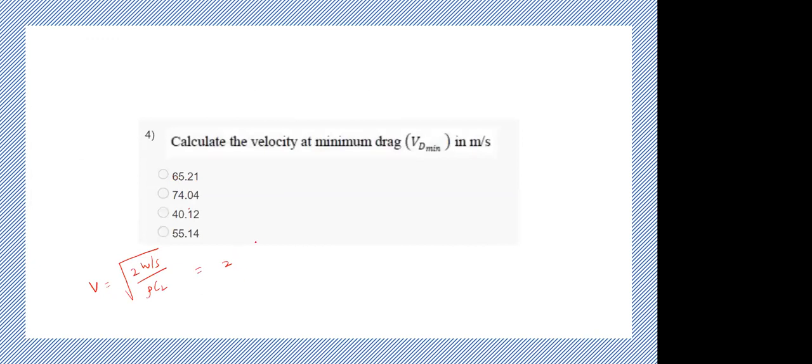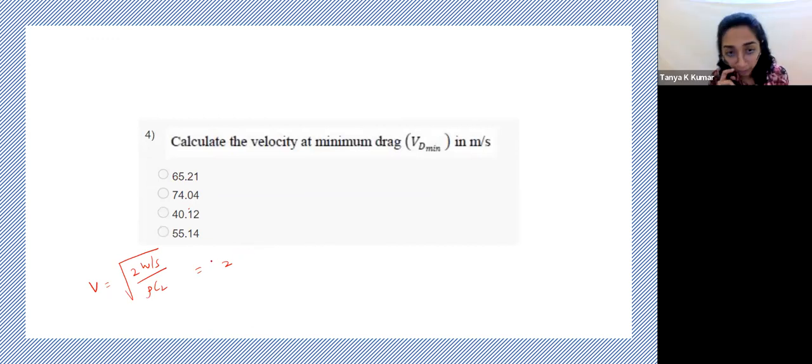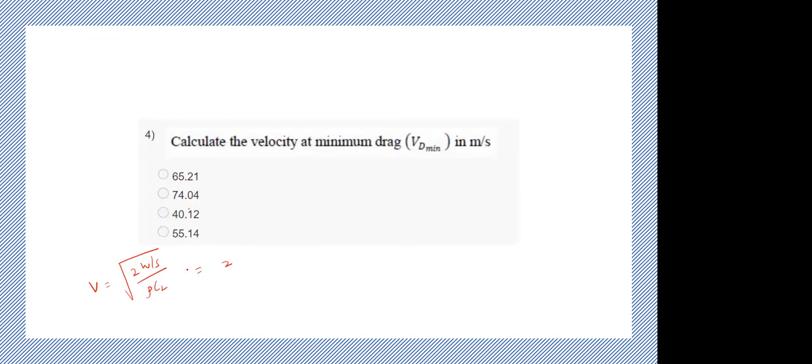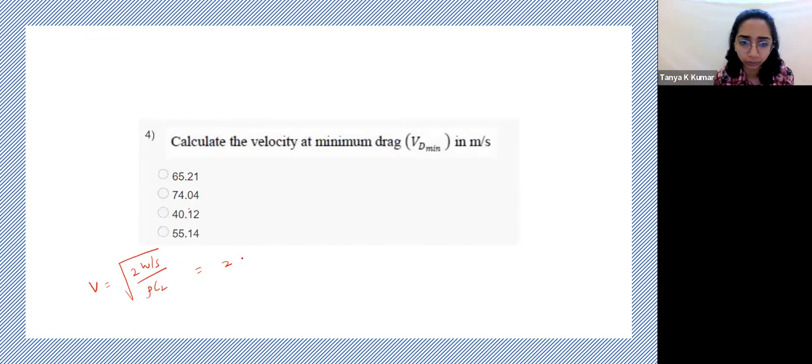Ma'am, answer is option B, ma'am, 74.04. Okay. Last class, somebody had mentioned that they were getting the squared values of velocity. I'm not sure who asked that question, but are you getting the right answer now? Yes, ma'am. Now got it, ma'am.